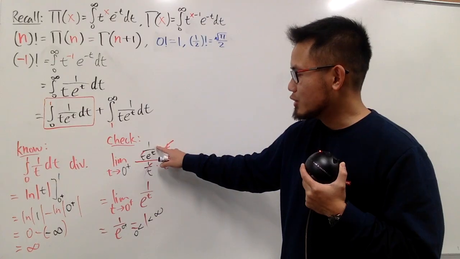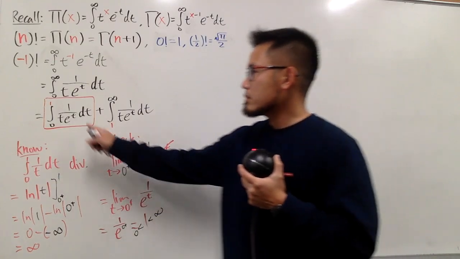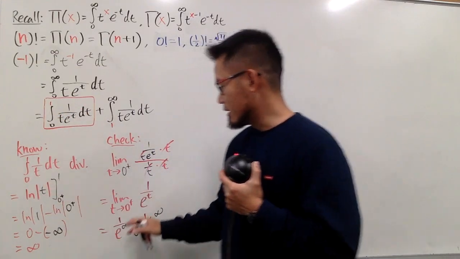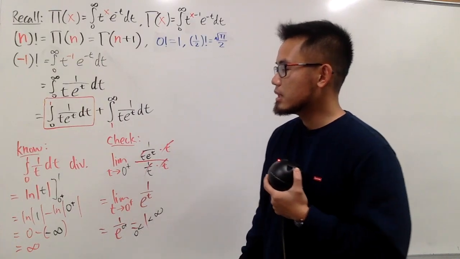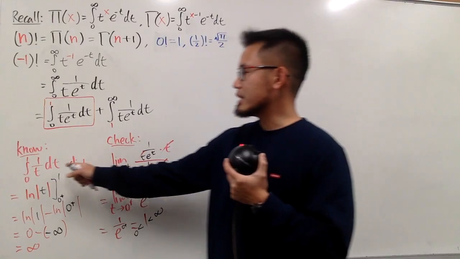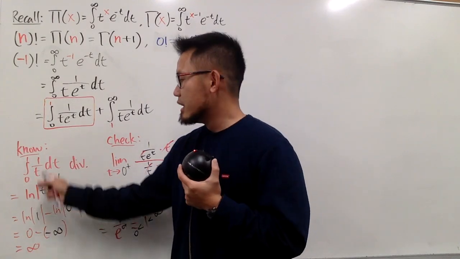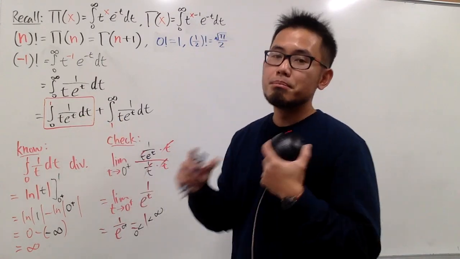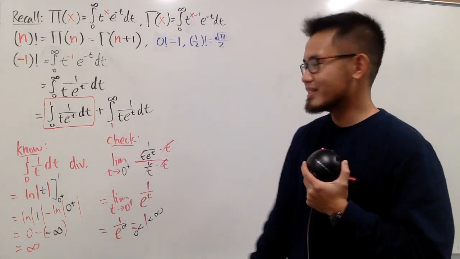So that means this is just as big as that, vice versa, because the ratio is 1, especially when you take the limit. And because this right here diverges, and technically you can imagine that this is positive infinity, this also has to be positive infinity. So we can conclude that this is also divergent.